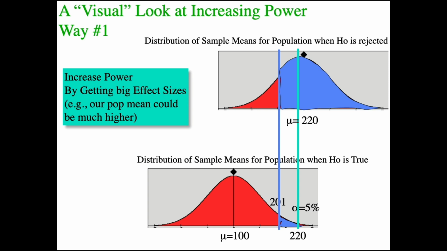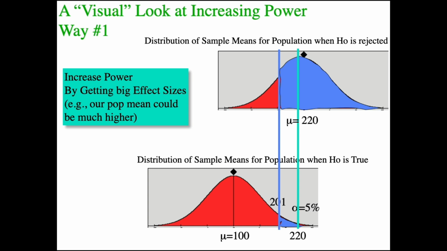That's the part that marks off the top 5% that would allow me to reject the null hypothesis. But that's giving me more means from up above that I could just get by chance that would cause me to reject the H0. So that's one of the ways that I could increase my power, is just by increasing the effect size, making sure I have as big of an effect as possible so that I can have more sample means that would give me, just by chance, something that I could use to reject the null hypothesis.